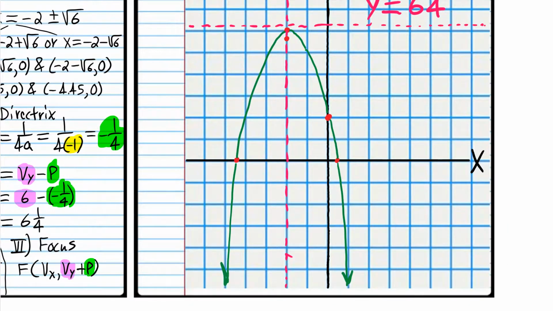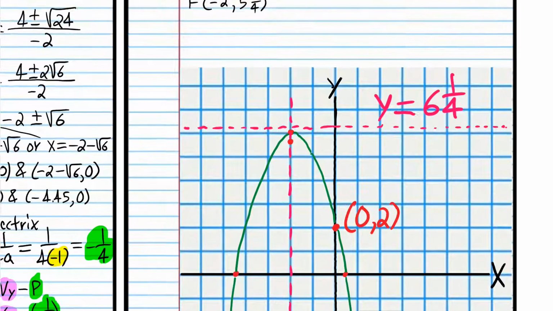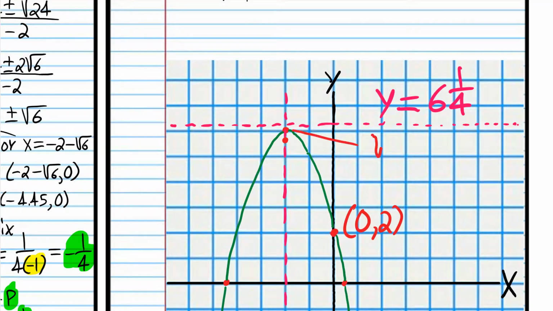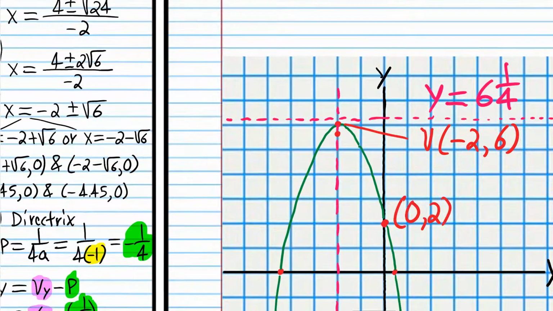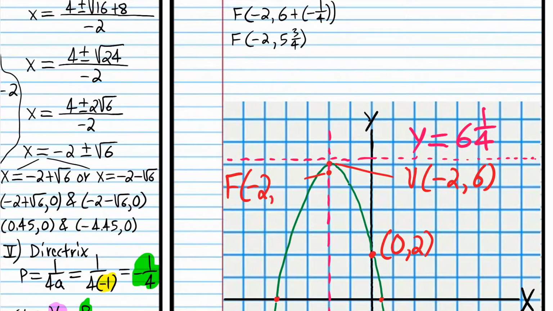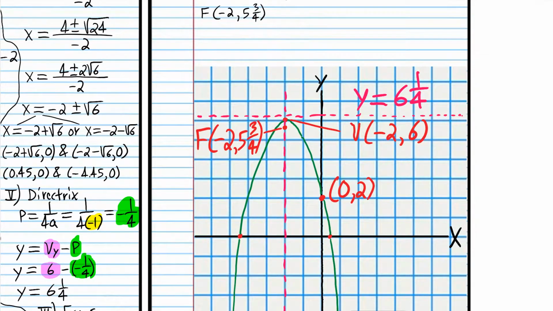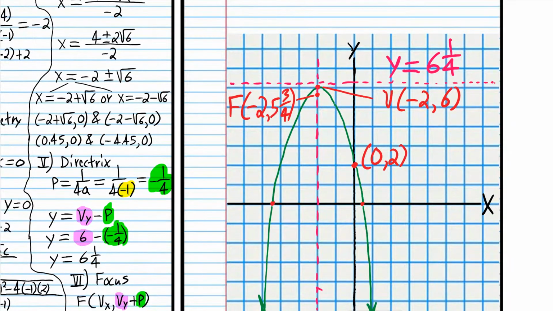And so we have our y-intercept, and our vertex is negative 2, 6, and our focus is negative 2, 5 3/4. And we have our line of symmetry, which is x equals negative 2.